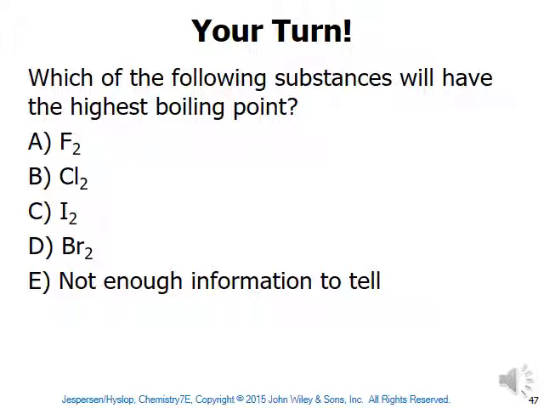So which one is going to have the best London dispersion forces? Well, the biggest ones. If you look at the periodic table, it goes fluorine, chlorine, bromine, and iodine. So iodine is the biggest of those four atoms, and therefore this is going to have the highest boiling point.